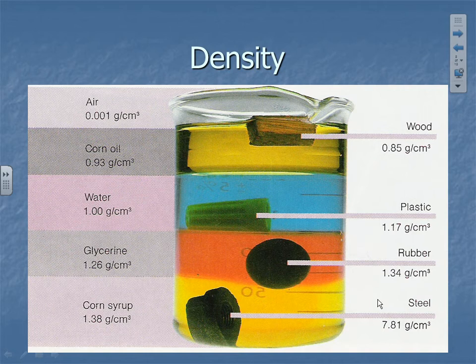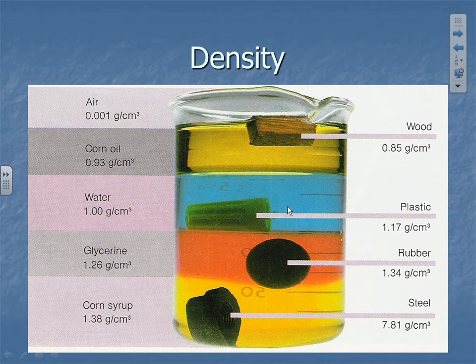Air on the top, steel on the bottom. The liquids all kind of separate themselves out here. If you notice the trend, right, what are we seeing about densities of materials at the top of the density column versus density of materials at the bottom of the density column? Where are the high density things, top or bottom? On the bottom. Things with higher densities will sink. Things with lower densities will float.